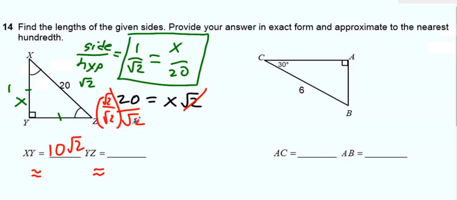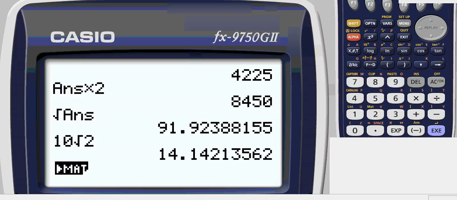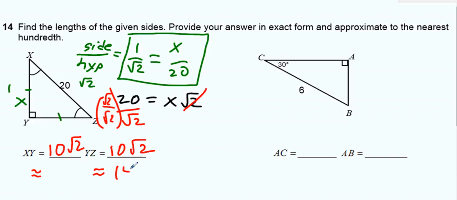It's the same thing, just a little bit of a shortcut. And both legs will be the same, so this is also 10 square root of 2. Then to approximate, just type that into your calculator, 10 square root 2. 14.14.